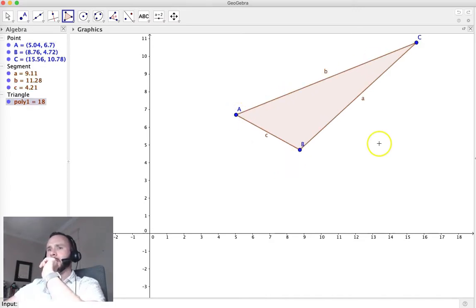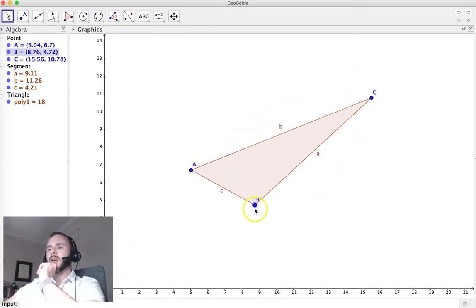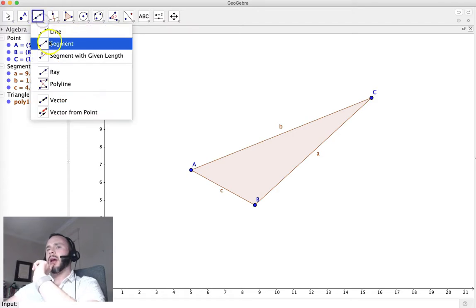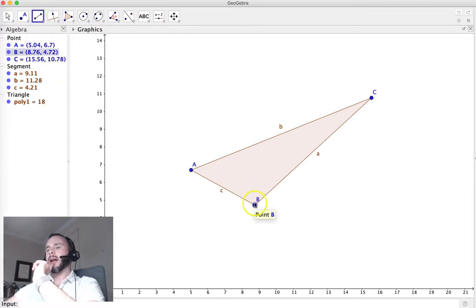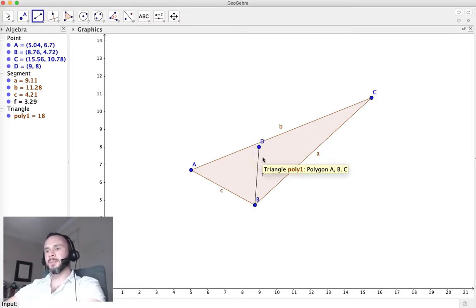So we have a triangle, and if you notice, there's no way for me to split this up any farther going between existing vertices. If I was going to divide up the middle a little bit here, I would have to add a new point.